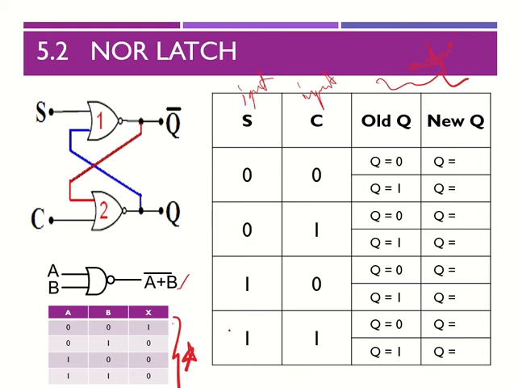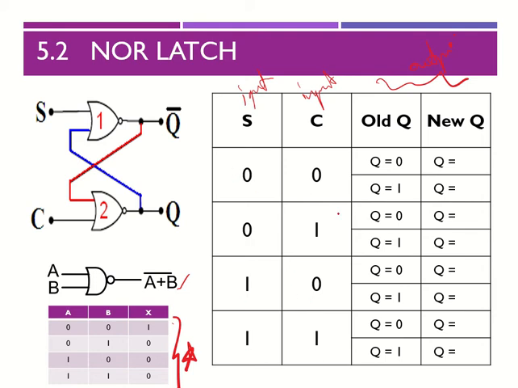So let's come to the latch. In the latch, you're going to have the two inputs, S and R. You're going to have a Q bar, and you're also going to have a Q. Because this is 2 bits, you're going to have four possibilities: 0 0, 0 1, 1 0, and 1 1.